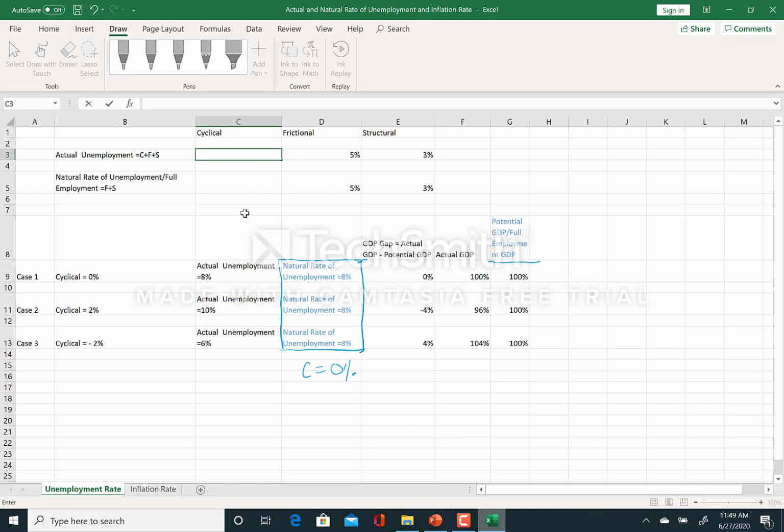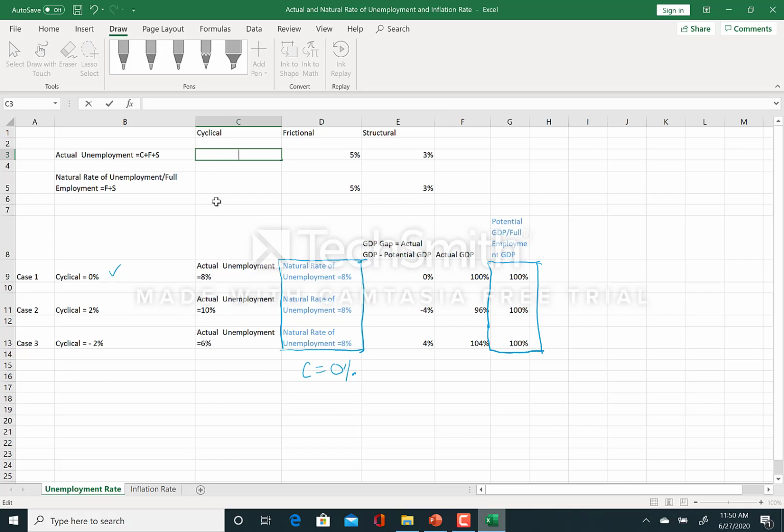Now, when I look at the potential gross domestic product here, that's always going to be equal to 100%. That means the economy is producing the maximum possible output. So this natural rate of unemployment and potential GDP numbers are not changing. The actual unemployment and the GDP gap numbers will change, and everything really depends on the cyclical component.